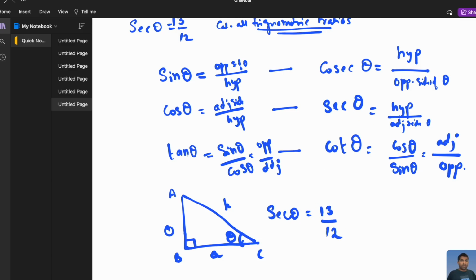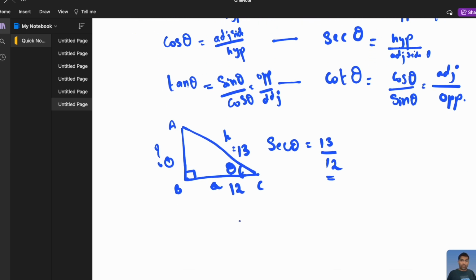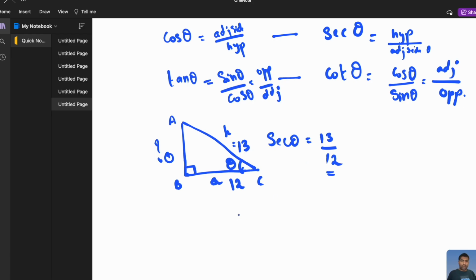Secant theta is nothing but hypotenuse divided by the adjacent side of theta. Hypotenuse is nothing but 13. What is the adjacent side to theta? That is BC, that is 12. So we need to find this part, the opposite side.